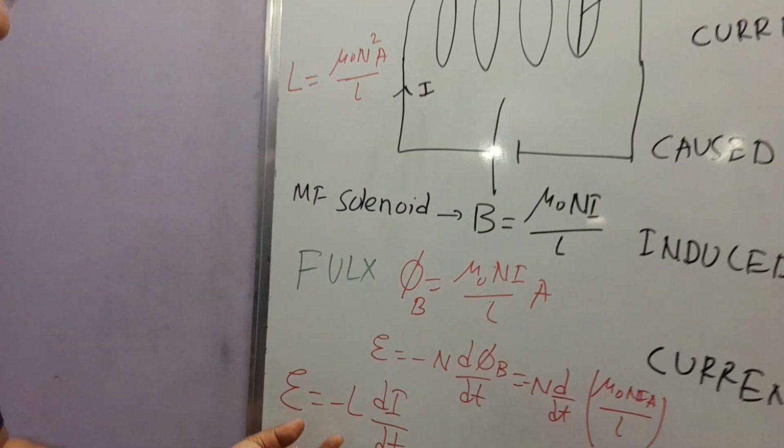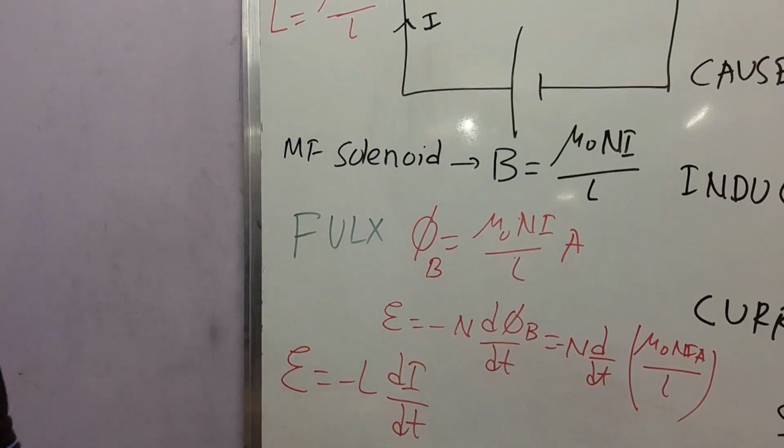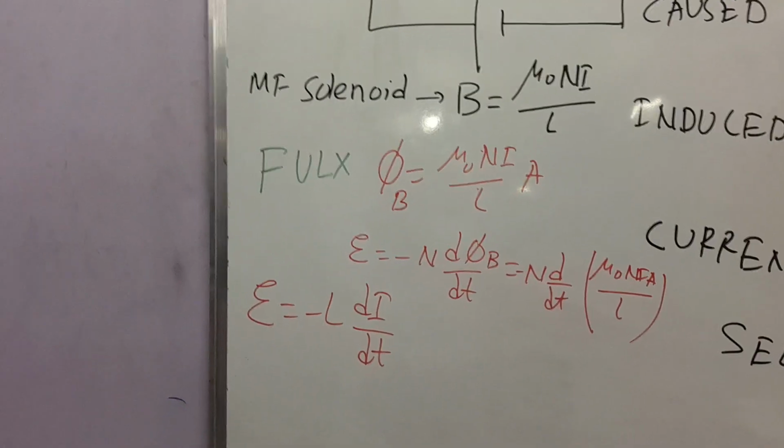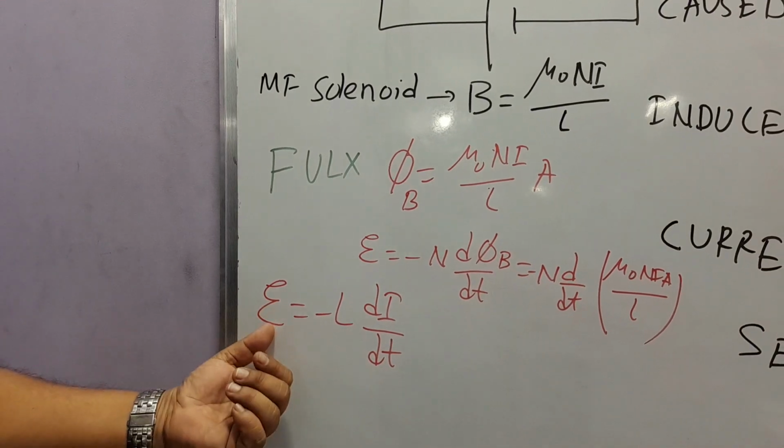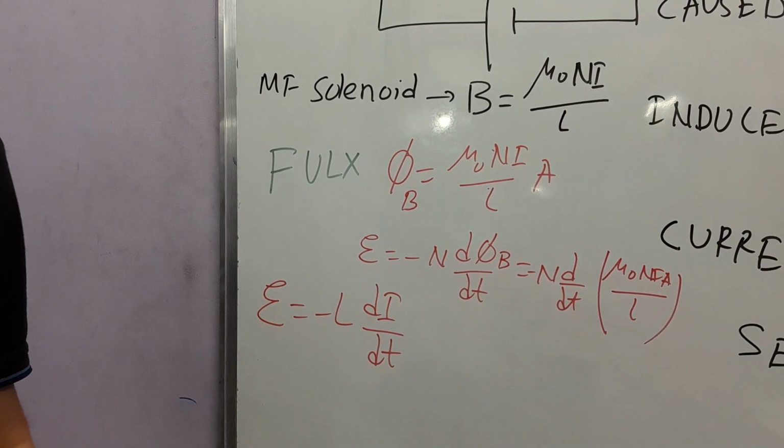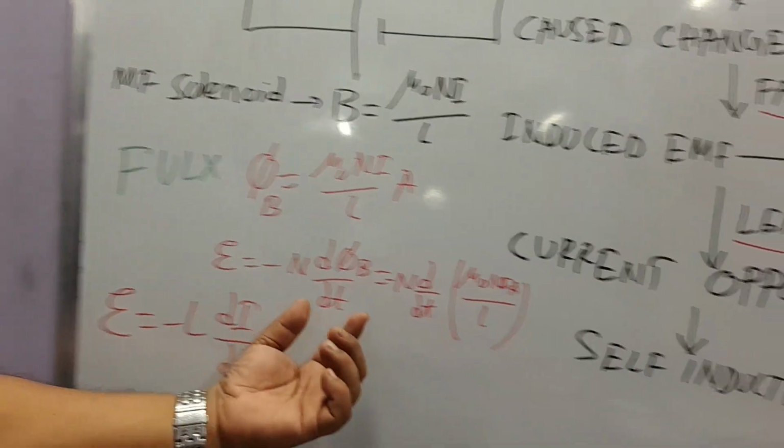So we receive that epsilon, the EMF, is equal to minus L di by dt. Now this L means this part, right?